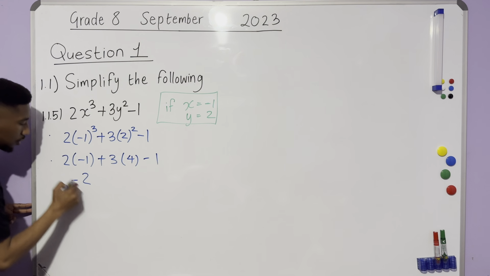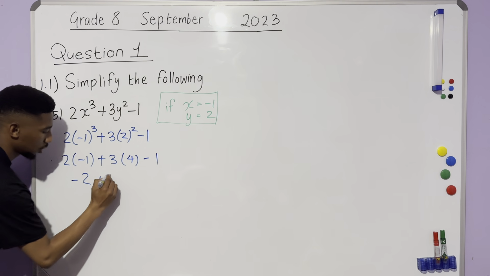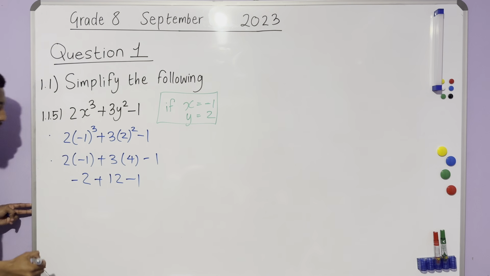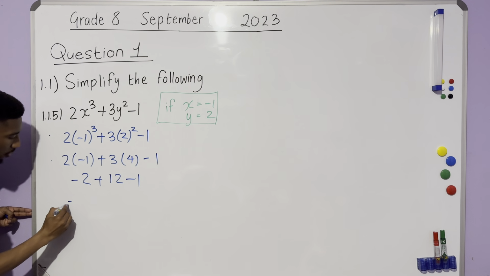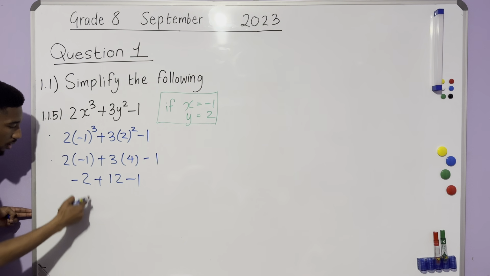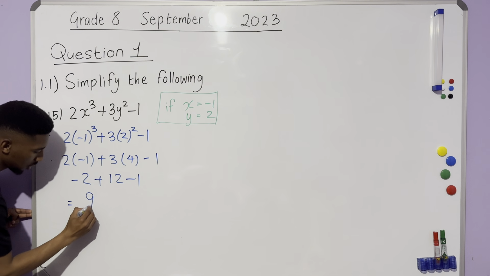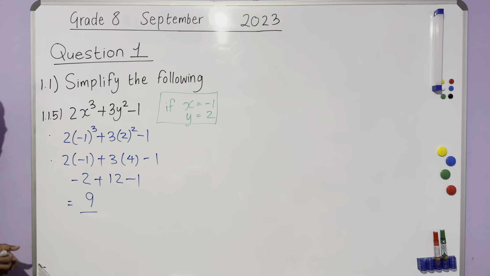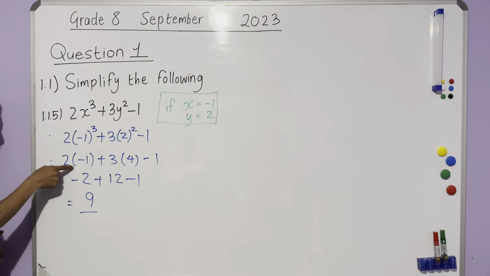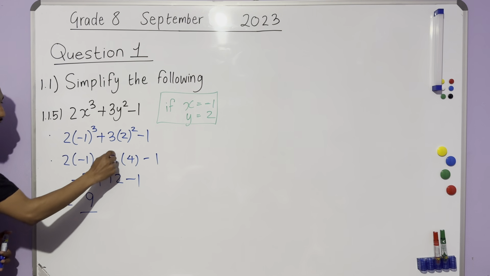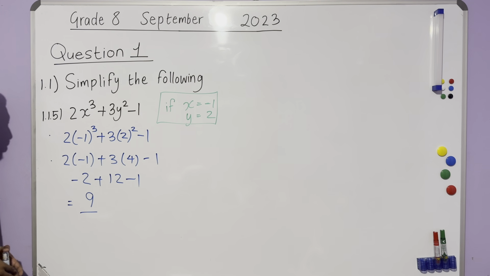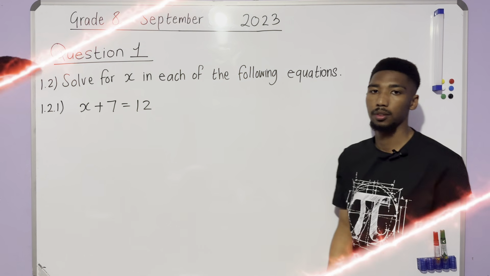That gives us -2 plus 12 minus 1, and then our final answer, these are all like terms. -2 plus 12 is 10, minus 1 is 9. Note that when there's a number next to a bracket, we multiply that number inside the bracket.